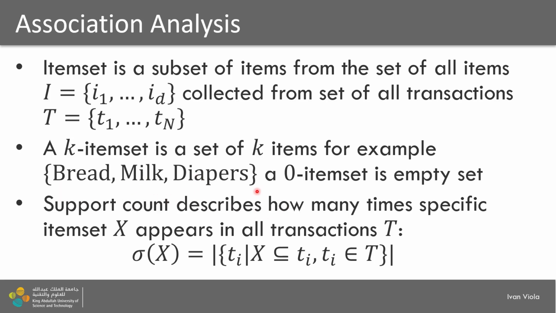So we will use this item set for defining our implication rule, which will indicate what item set implies another item set, and that will basically formulate this association.